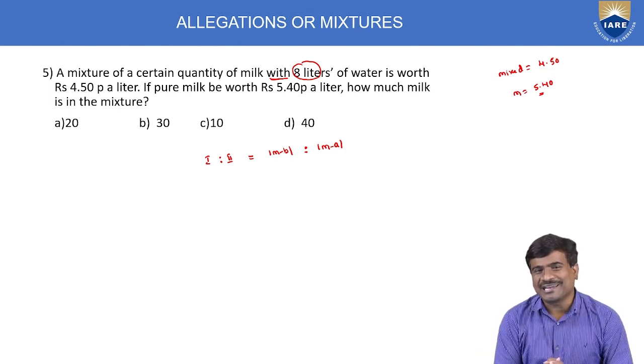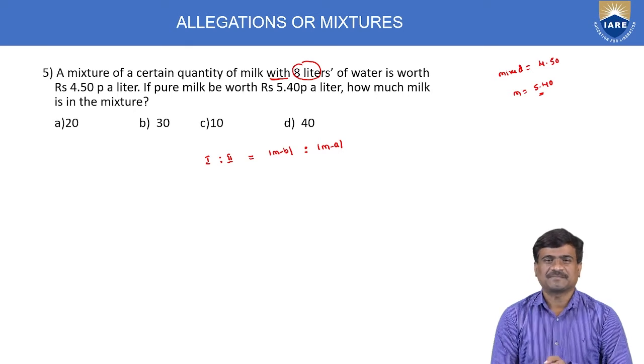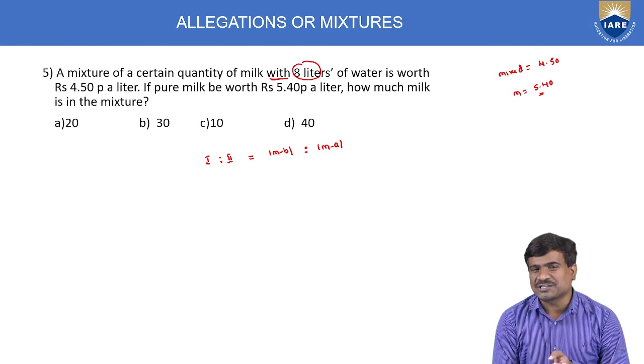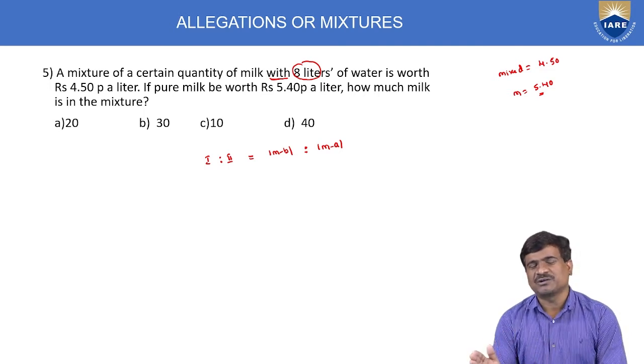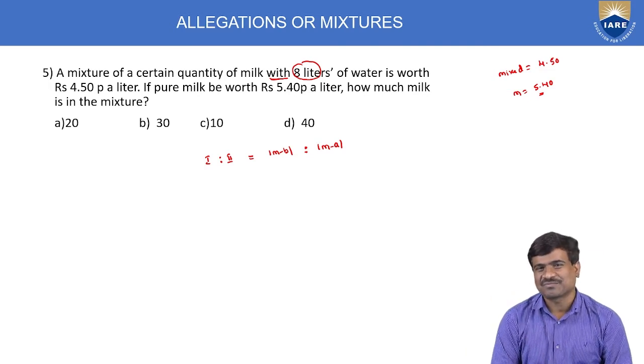A, B, M: A indicates the cost price of water, B indicates the cost price of milk, and M is the mixed cost price of the mixture per liter, but not quantities. Next point, all the statements are converted into a 1 liter cost price, but not the selling price.